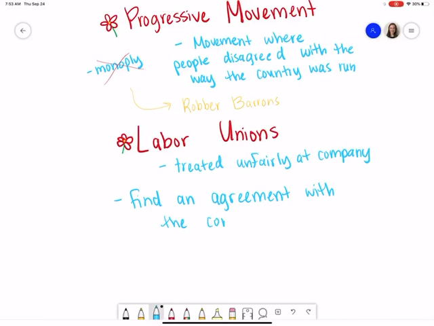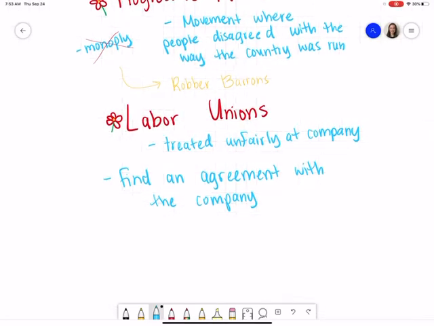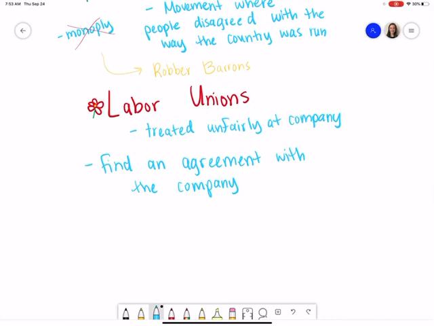And if an agreement was not found, the employees of the labor union, or the people in the labor union that were employees of the company, they would go on strike. So we see that a lot during the Gilded Age. There's a lot of strikes going on. So what is a strike?